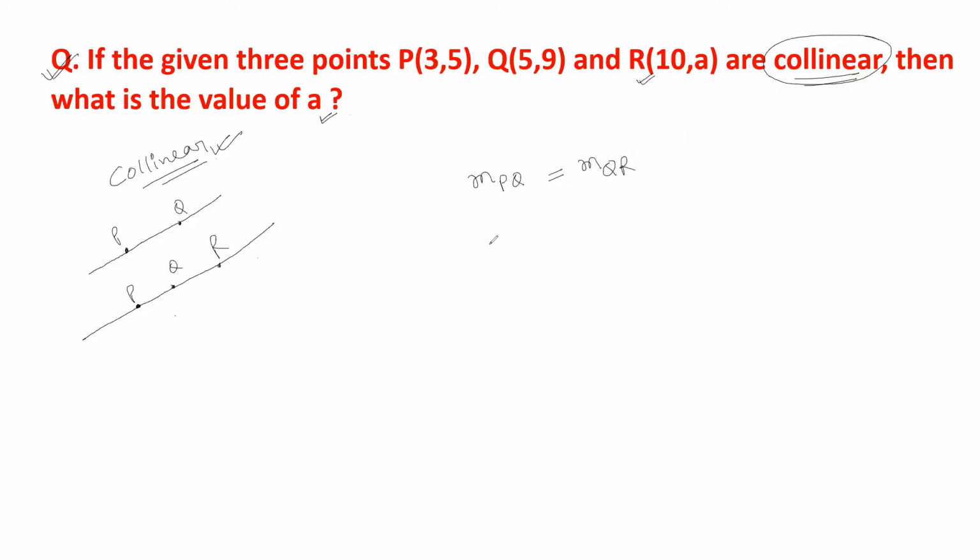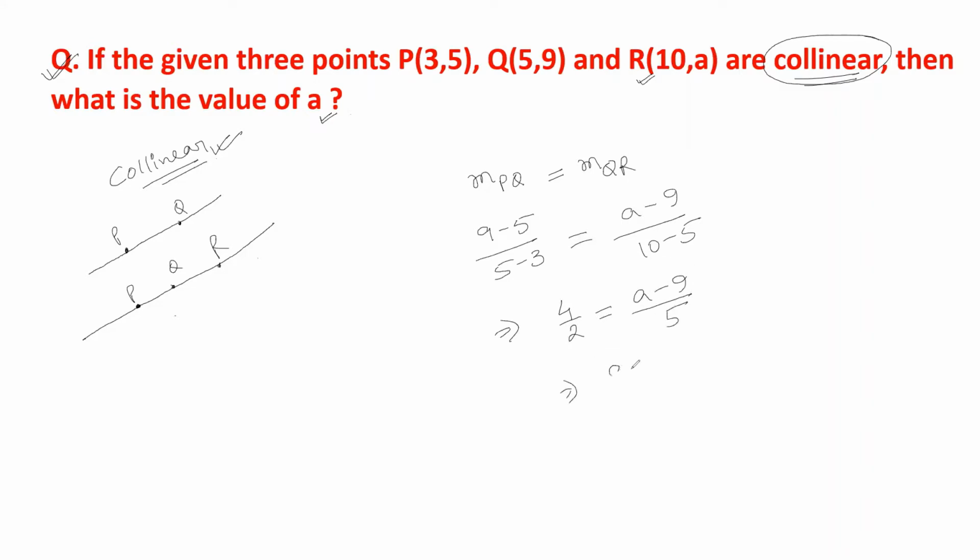So the slope formed by these 2 points PQ would be simply 9 minus 5 upon 5 minus 3, and the slope formed by the points QR would be simply a minus 9 upon 10 minus 5. And these two slopes are equal. So if we simplify this, this would be 4 upon 2 equal to a minus 9 upon 5.